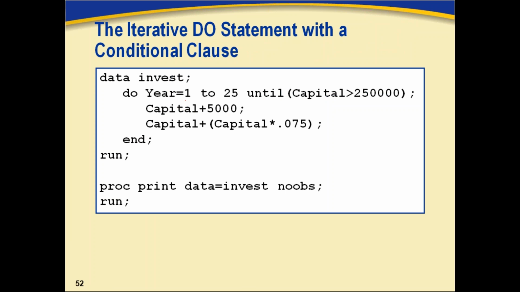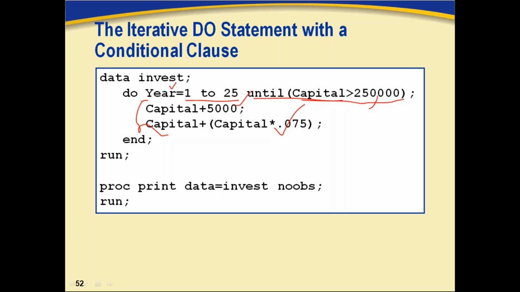Now let's see here. I am running the loop for 25 times, and you're also using until capital greater than $250,000. So it will run these two statements, and once they are run, it will check for the condition. As usual, it will initialize year to 1, 1 less than or equal to 25, yes, it is true.